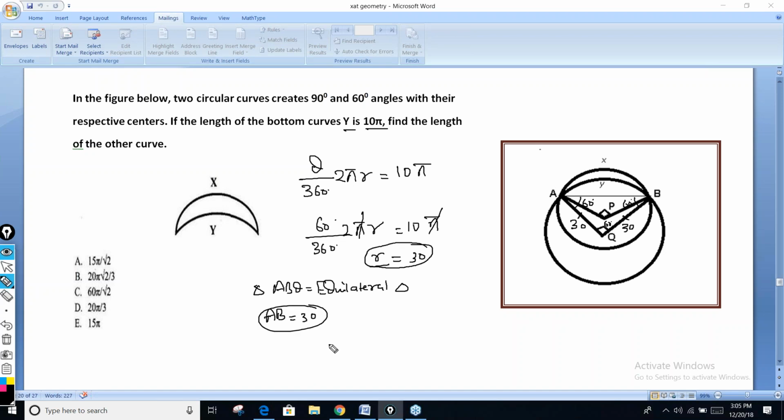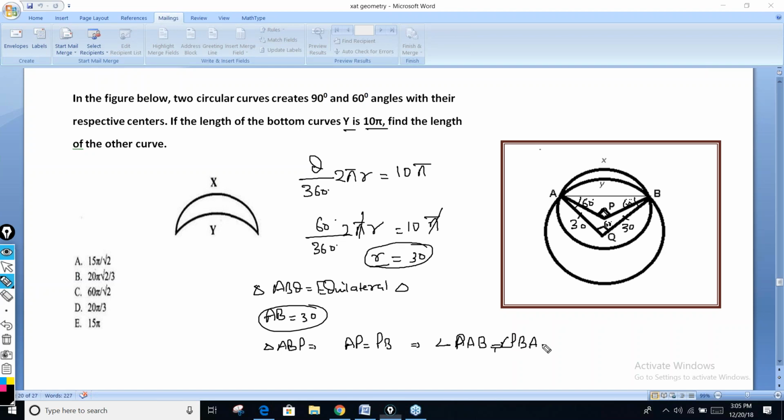Now look at triangle APB. Can you see this angle is 90? If this angle is 90 and AP and PB are equal, the remaining two angles will also be equal. The remaining angle sum is 90, and these two angles will be equal, so they are 45 and 45: PAB and PBA.